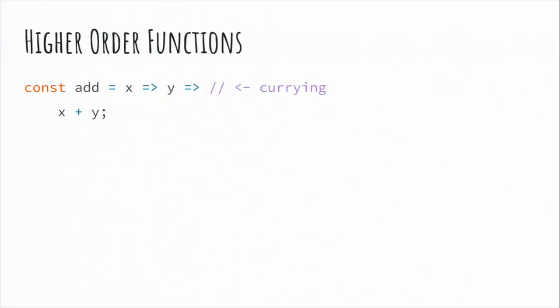And to calculate the sum of these two values, you first apply the first parameter, then you get a function back, you apply the second parameter. So add of 1 of 2 evaluates to 3. And add of 1 evaluates to a function. So add is actually a higher order function, and applying only one of the parameters of a function is called partial application.